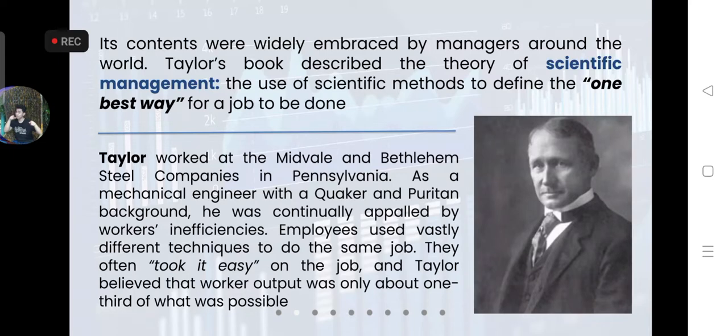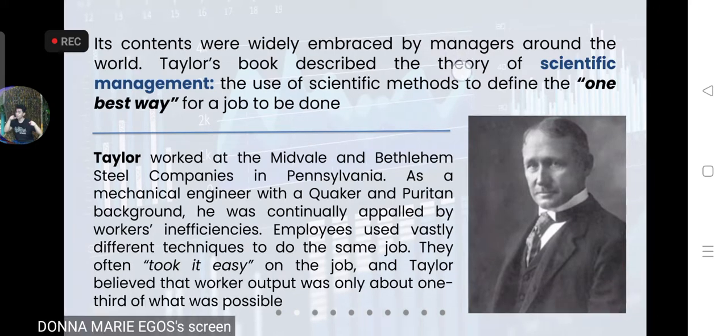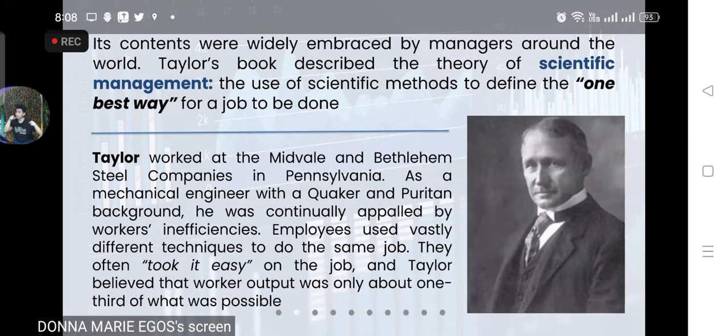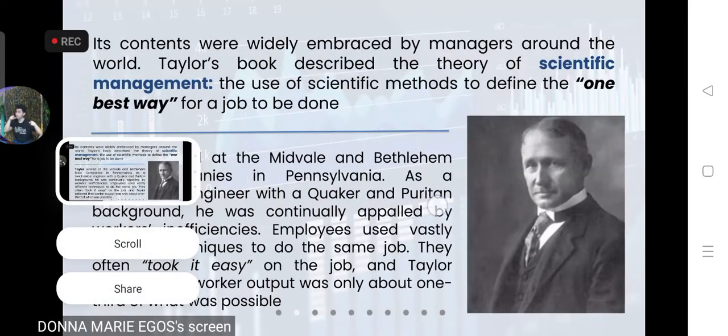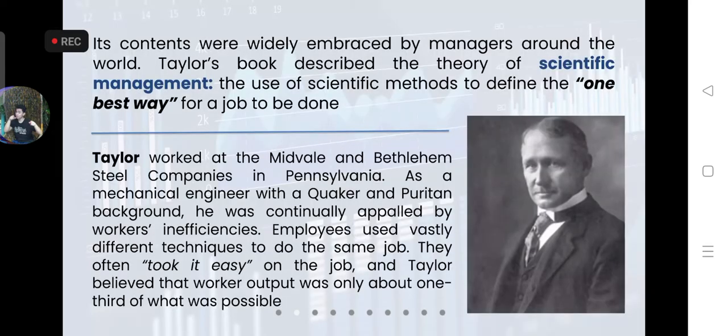So the scientific management theory. Its contents were widely embraced by managers around the world. Taylor's book described the theory of scientific management. Kanang scientific management kay nag-emphasize na siya sa importance of labor in the production process and focuses on improving the efficiency of workers in the production.